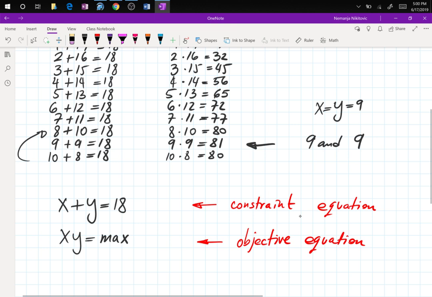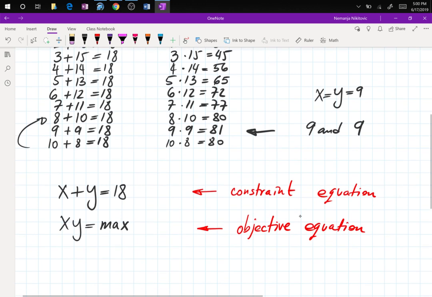So we always have the objective equation, which is the concept that we are trying to minimize or maximize. And then there is a constraint equation, which is there to give us some condition that has to be fulfilled. And you will always be able to find two of these equations in your word problem.